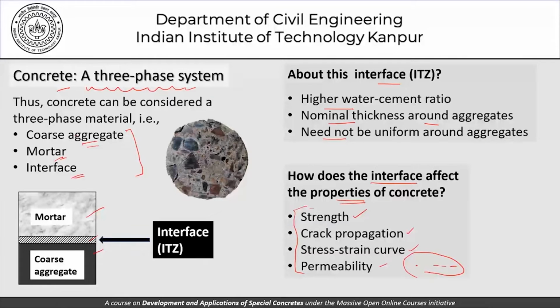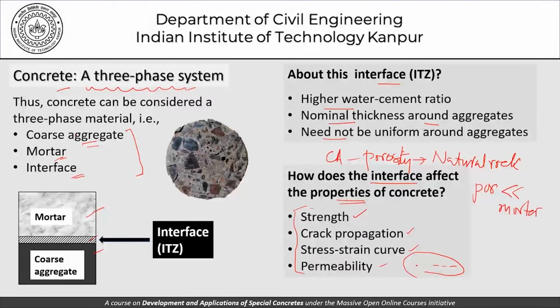We must also remember that coarse aggregates have their own porosity, except that they are natural rock most of the time, and their porosities are much lower than the mortar that we create.